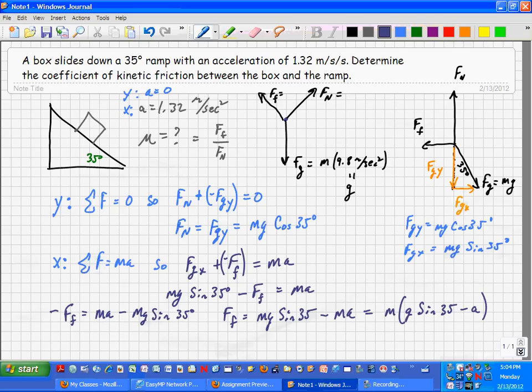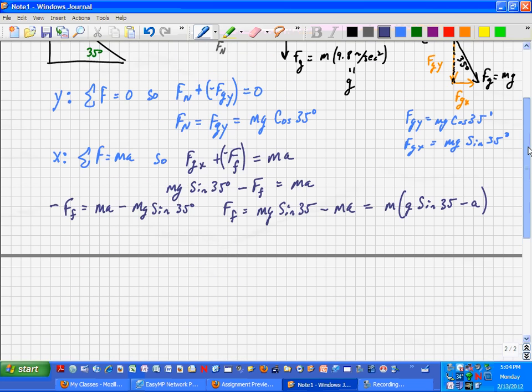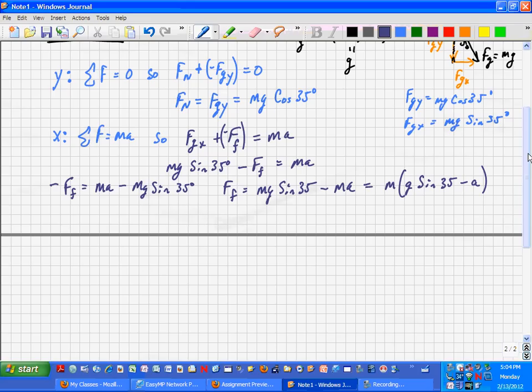All right, it might not look like much. I've got an expression for F_n. I've got an expression for F_f. I'm going to put that into my equation for the coefficient of friction. We know that mu is equal to F_f over F_n.